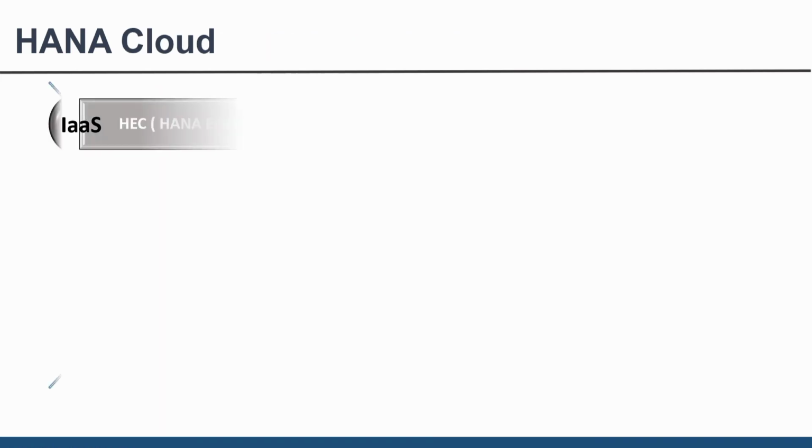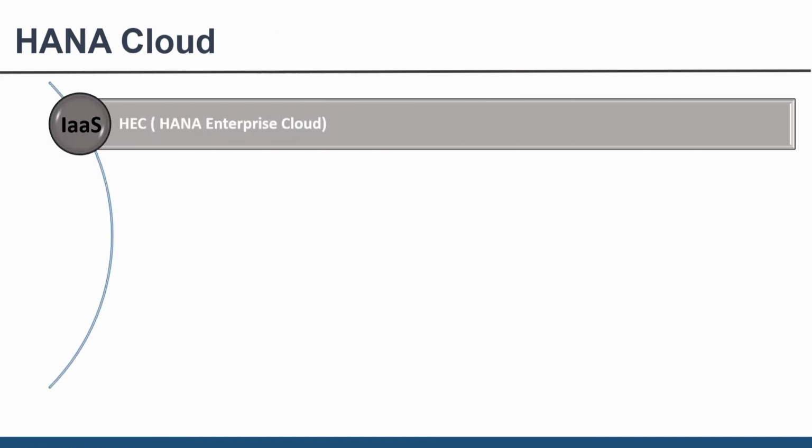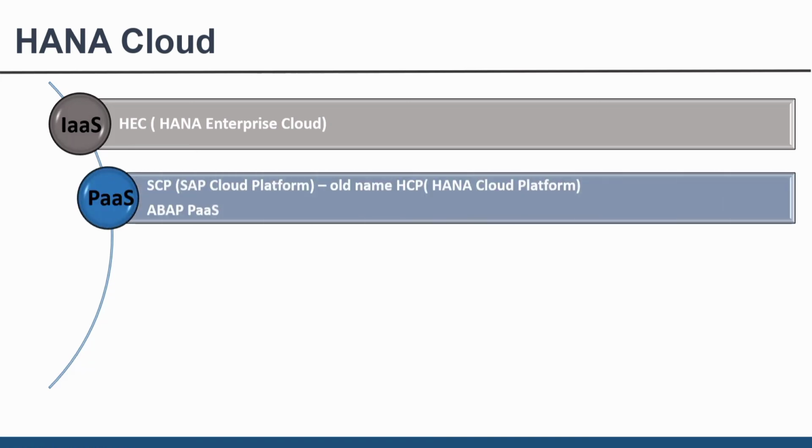So here you can see different cloud applications that SAP has introduced. For infrastructure as a service, SAP has come up with HANA Enterprise Cloud. For platform as a service, SAP has introduced SAP Cloud Platform. The old name was HCP, that was HANA Cloud Platform.